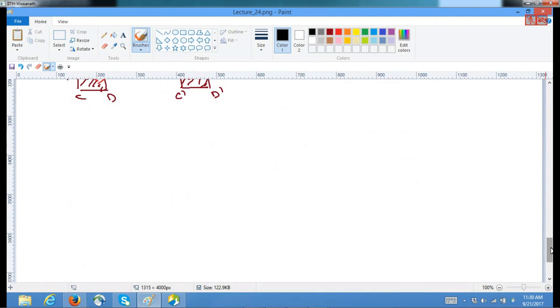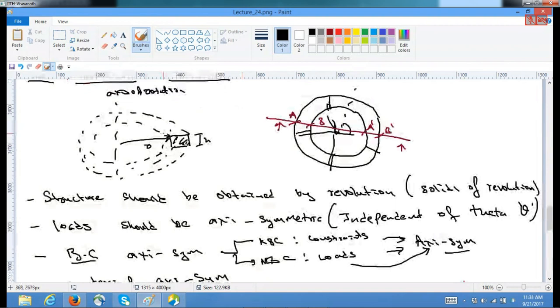So since we have seen in the axisymmetric, our coordinate systems are not XYZ. XYZ are Cartesian, whereas in axisymmetric we have clearly seen that there is a radial position and a theta, and the axis itself is z.